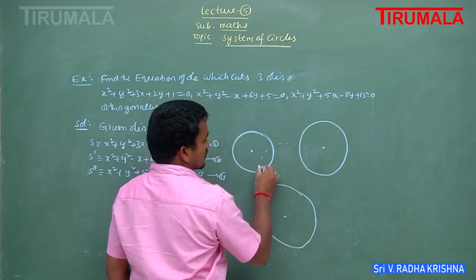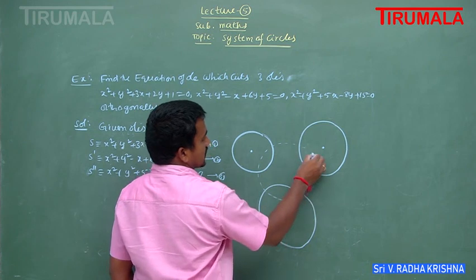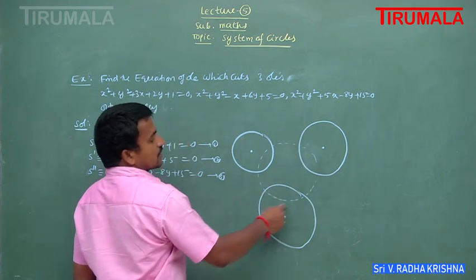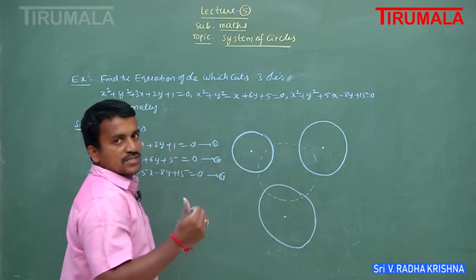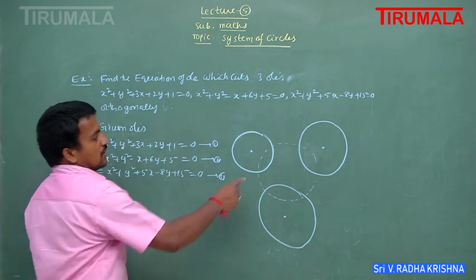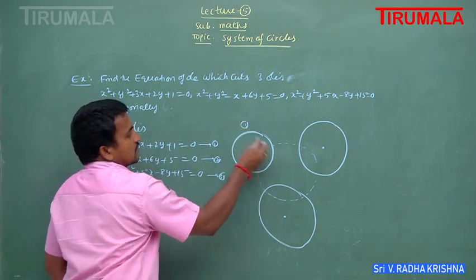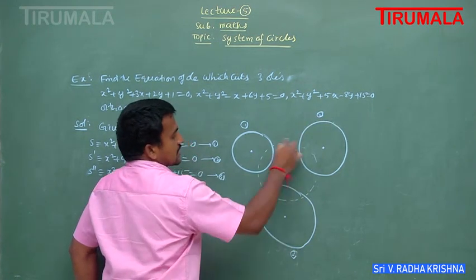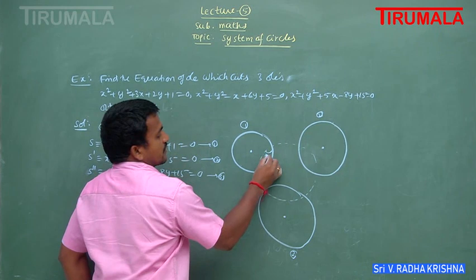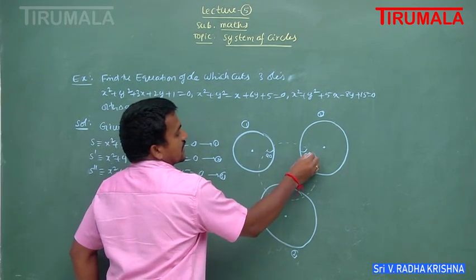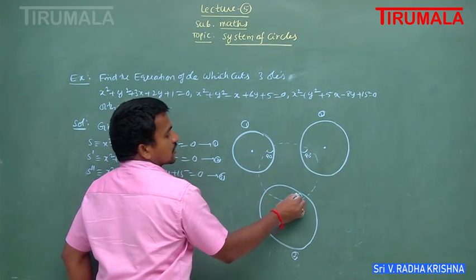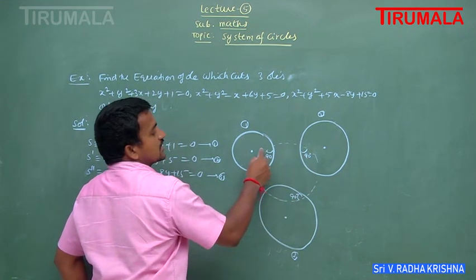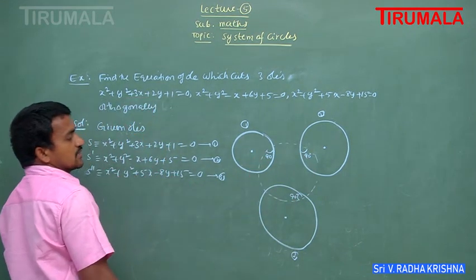The rough diagram is this. So in the first exercise model, let the required circle be x square plus y square plus 2gx plus 2fy plus c equal to 0. We use the condition of orthogonality for the given circles 1, 2, 3. The orthogonality condition is 2gg' plus 2ff' equal to c plus c'.